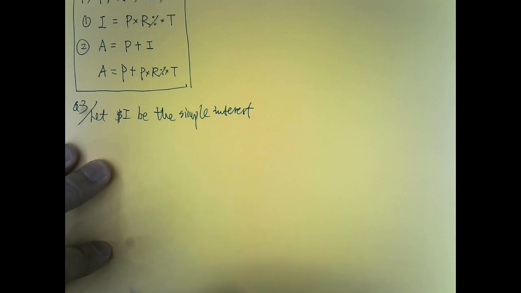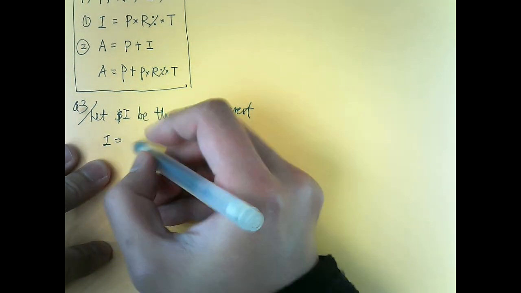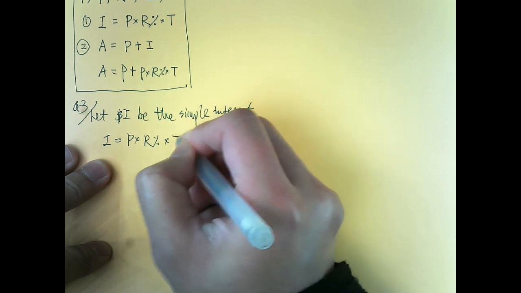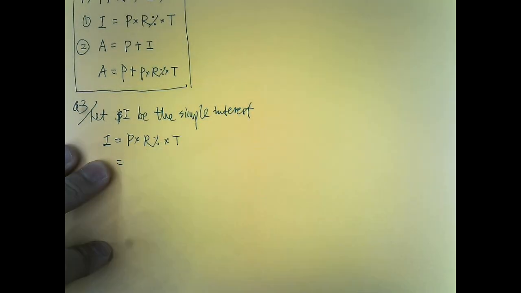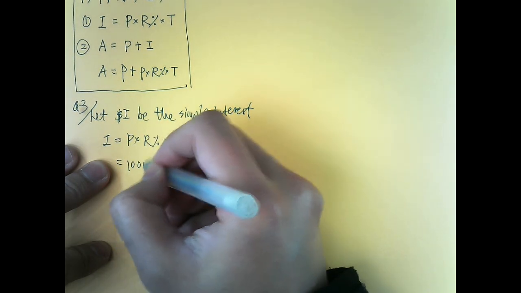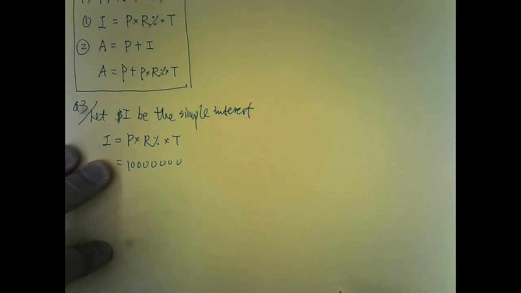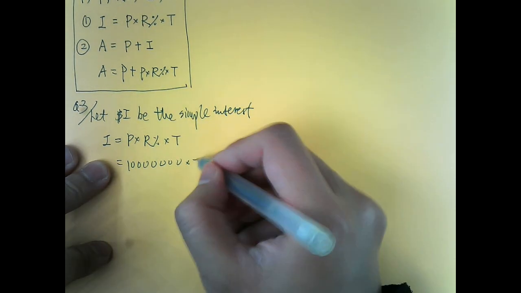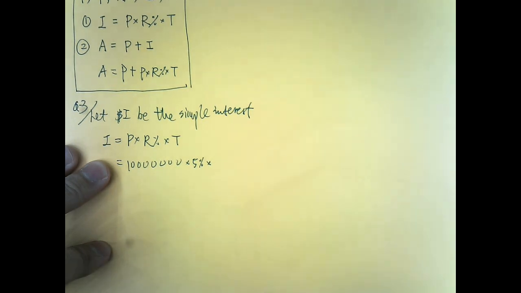So you have to calculate I. I equals the I formula, P times R% times T. You already have the P, 10 million, so it's totally 7 zeros. Then times R%, which is 5%, and then times T. T here is 15 months, not years.